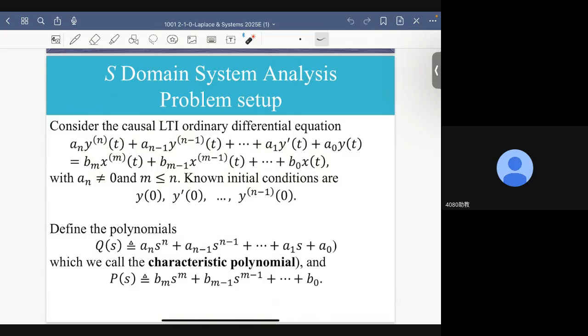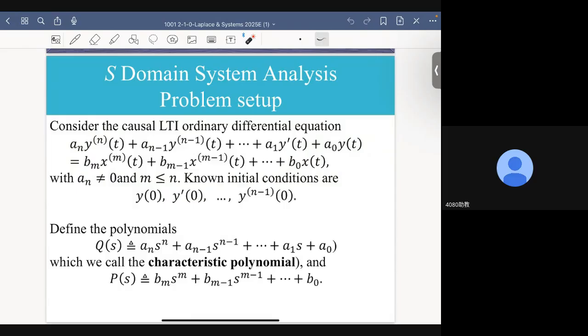Now, this is a linear system. The differential equation itself represents the system. X, of course, represents the input, and the corresponding Y represents the output. So, mathematically, we want to solve these differential equations with given X. In the area of mathematics, what system analysis means is solving the differential equation for its solution.